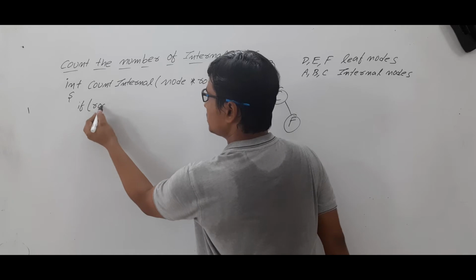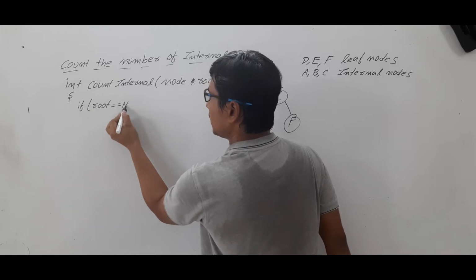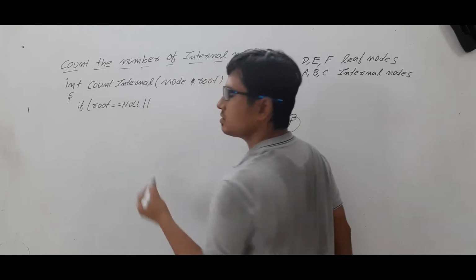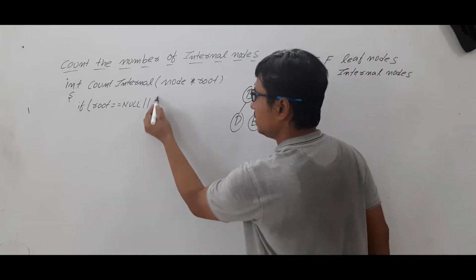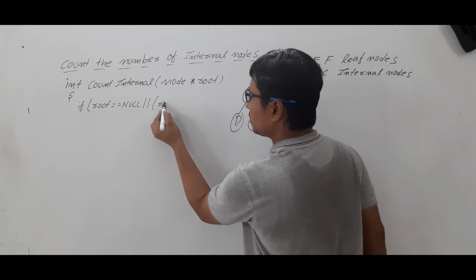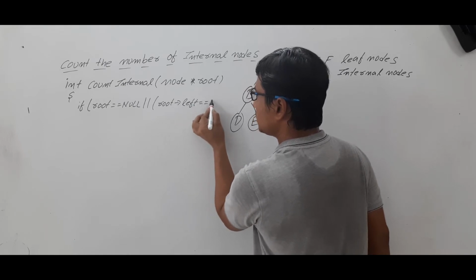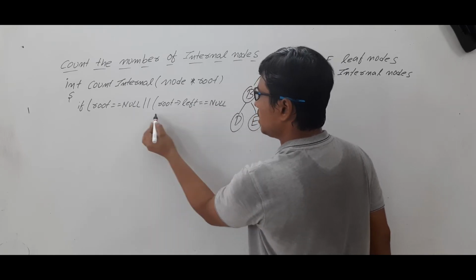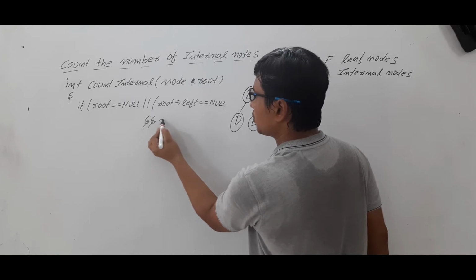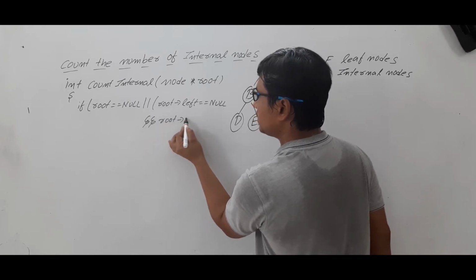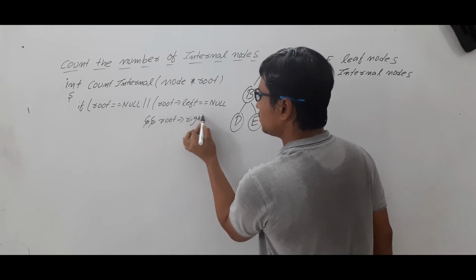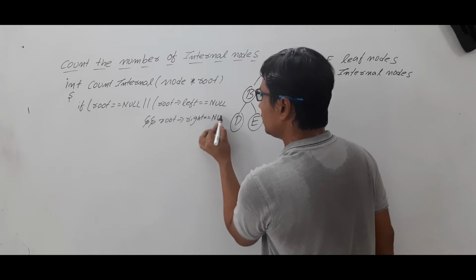If root is equal to null, or this is a logical OR operator, root of left is equal to null, and root of right is equal to null.